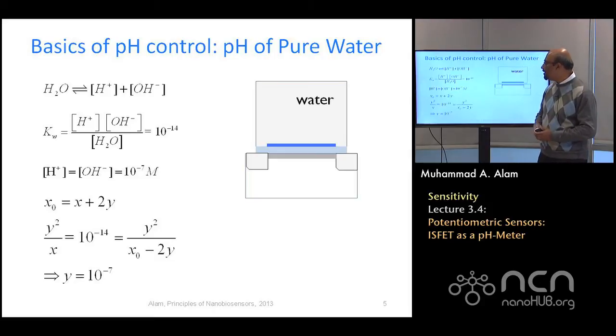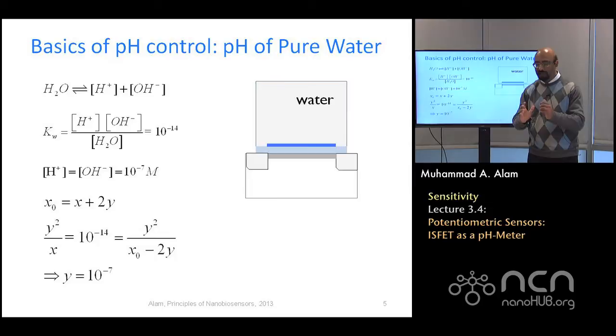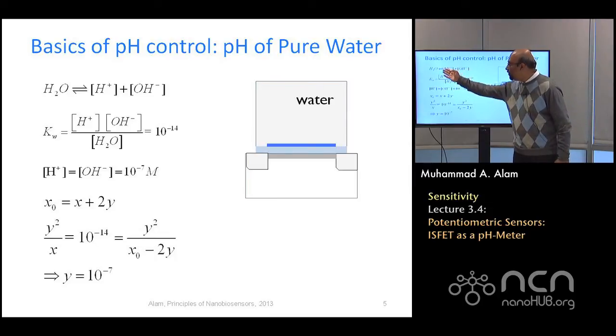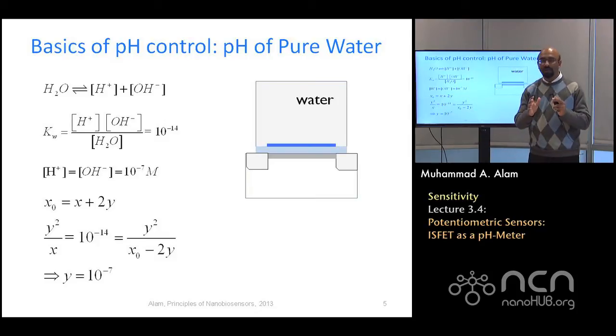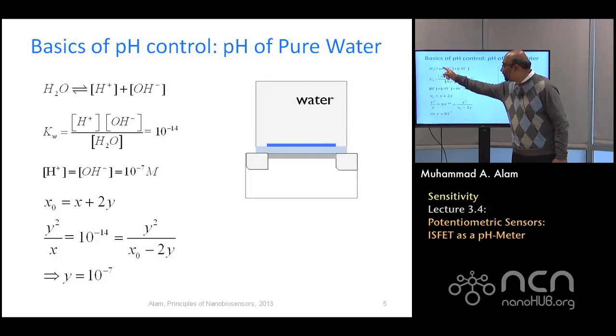And you can immediately solve the problem as follows. This H2O is not the original number of H2O that you started with, but the water that is determined by this kinetic balance. So if you call X naught the unbroken number of water molecules in the beginning, X is the one after the dynamic equilibrium has been reached.